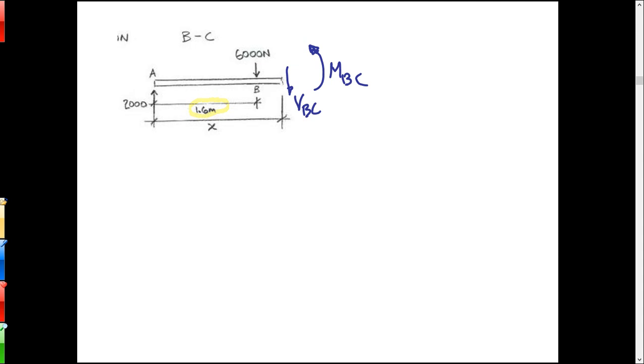Now I'm going to need distances there to get moment arms. I've got that distance to the 2,000, but what's that little distance going to be from the cut to B? This little distance right here. What is that?